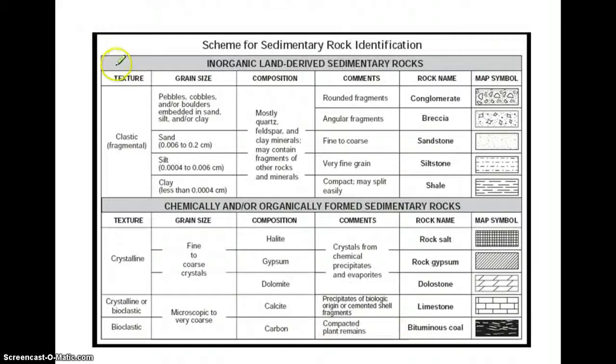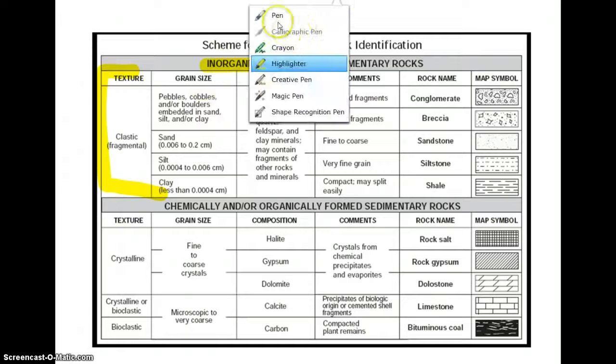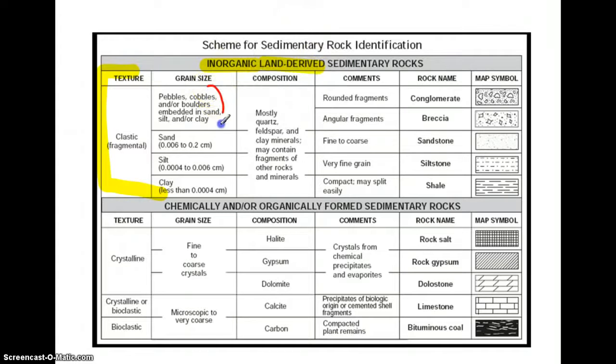So those are our clastic rocks, which are inorganic, not living, coming from things that are on the land. And again, they are classified based on their grain size. This is the key to this whole top section.